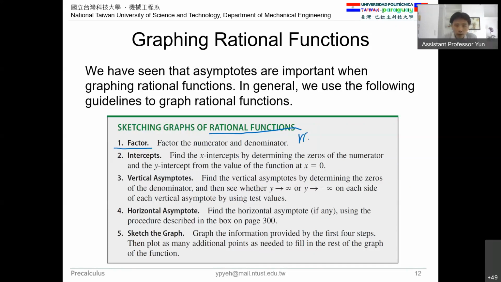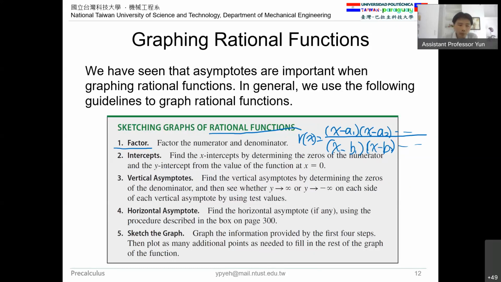Once we do, r of x equals some number a1, x minus a2, etc., divided by x minus b1 and x minus b2, etc. You just factor out these polynomial functions.